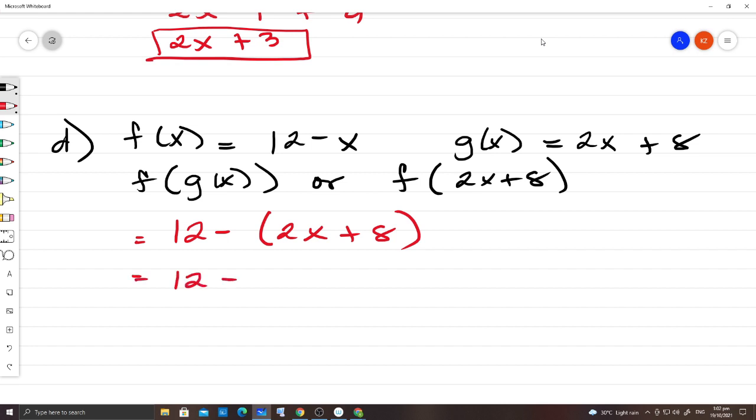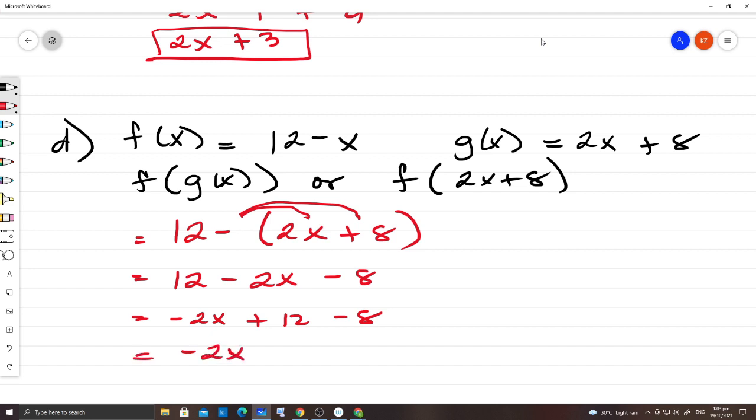So we have 12 minus 2x minus 8. It becomes minus because negative times positive is negative. So let's rearrange. Negative 2x plus 12 minus 8. Negative 2x plus 4. And that's it.